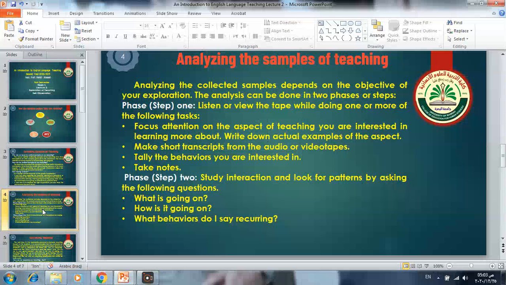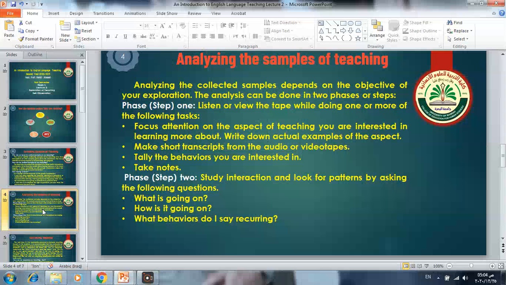If you are interested in the students' non-verbal behavior, you write about it. If you are interested in their verbal behavior, you also list it in different locations. So you list the behaviors according to their types into different sets. Then you take notes on what you have noticed in the process of exploring your teaching. This is phase one, step one.